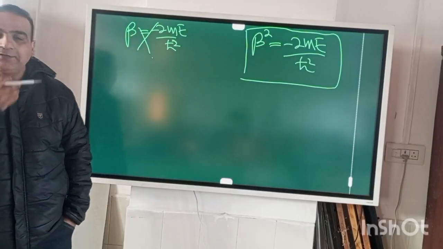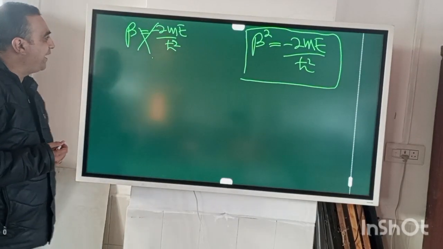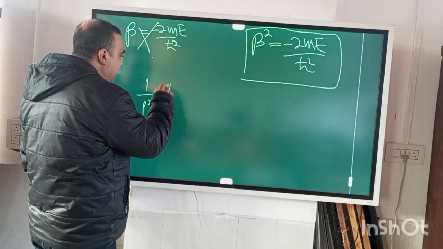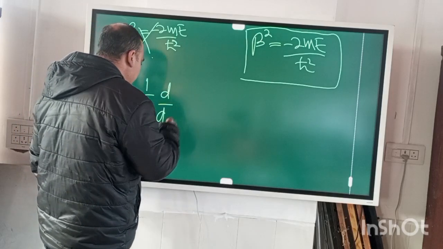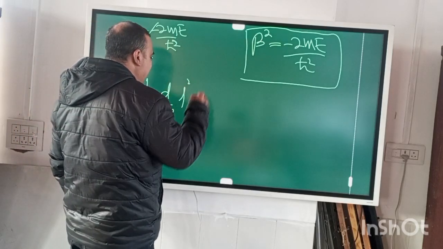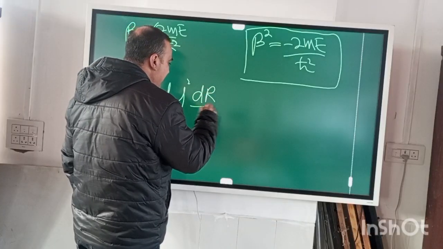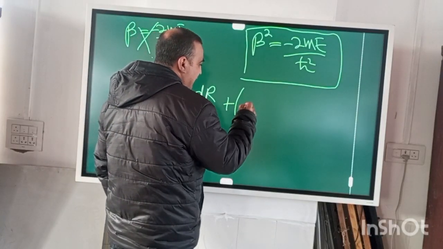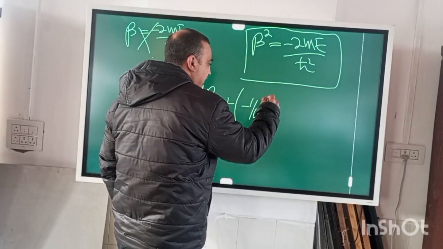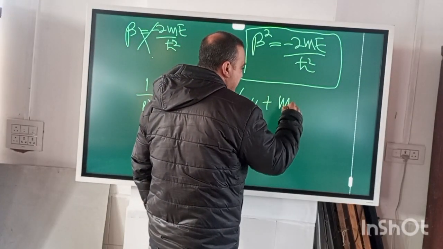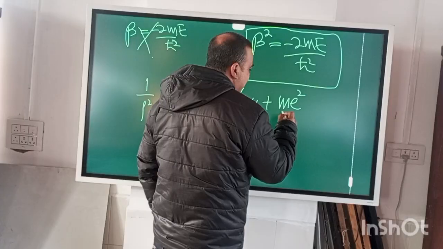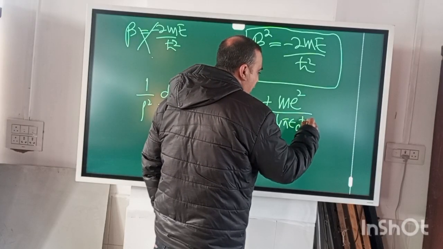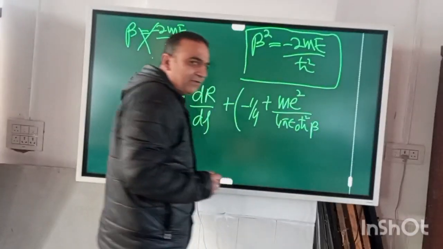And in the radial part, we have reached an equation like 1 by rho square d by d rho, then rho square dr by d rho, and then plus, I think, minus 1 by 4, then plus m e square by 4 pi epsilon naught h bar square beta, right?